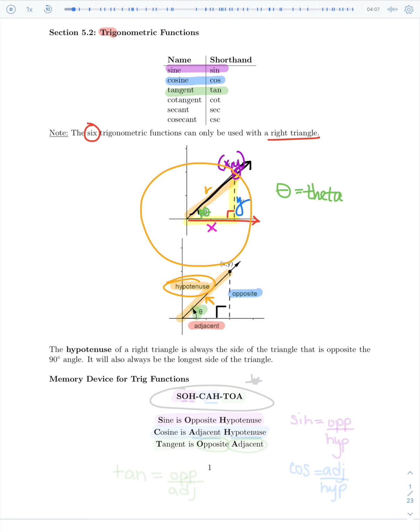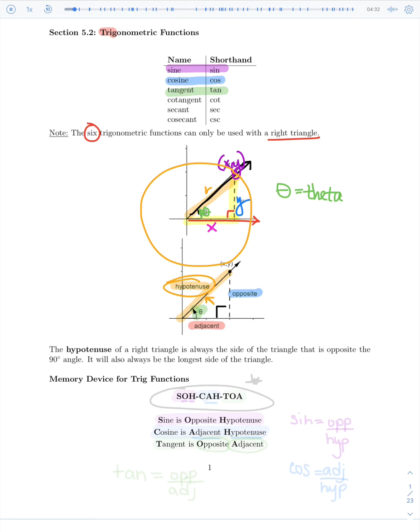The side that's next to your angle that's not the hypotenuse. So, we have 3 main sides, adjacent, opposite, and hypotenuse. And we've got 3 main trig functions, sine, cosine, and tangent. And then we've got 3 secondary trigonometric functions, which are cotangent, secant, and cosecant.